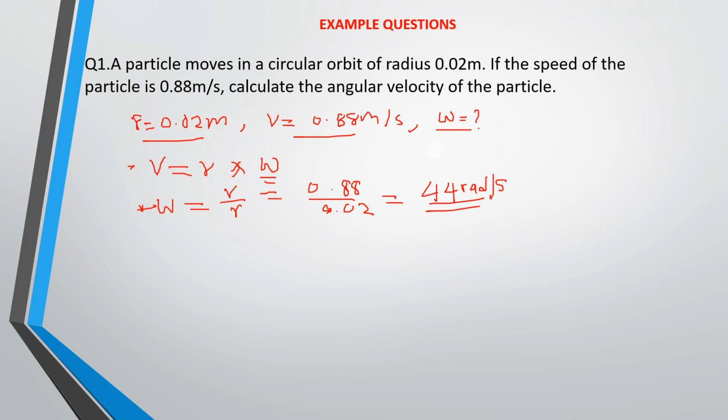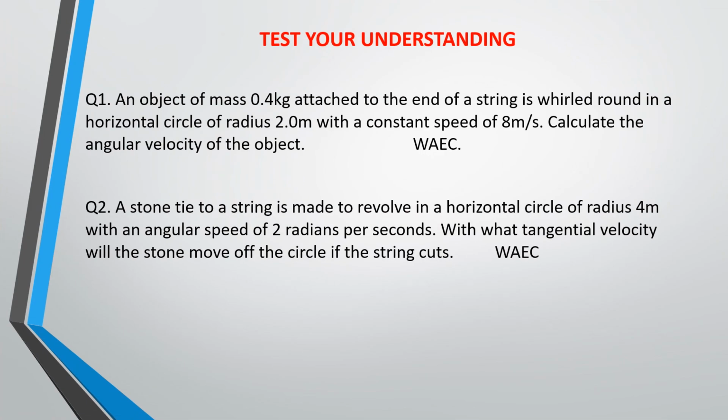All right. So these are test questions just to test your understanding of the topic that we just discussed. The first question says that an object of mass 0.4 kg attached to the end of a string is whirled round in a horizontal circle of radius 2.0 meters with a constant speed of 8 meters per second.